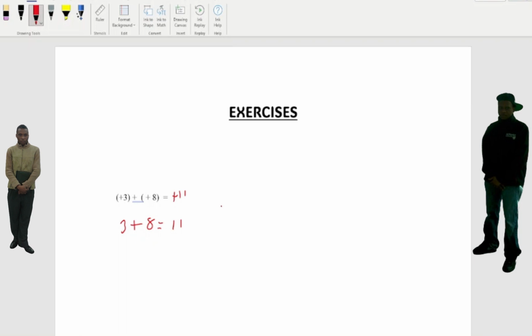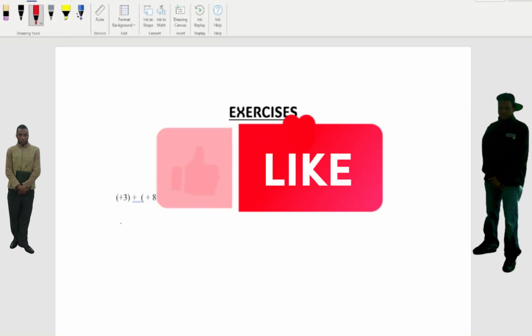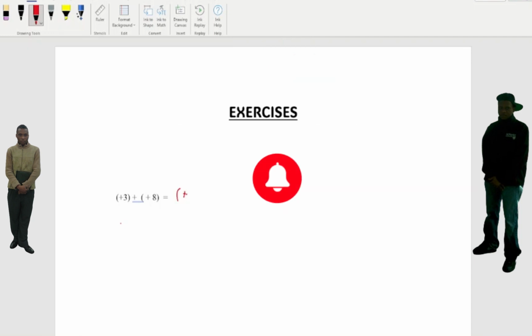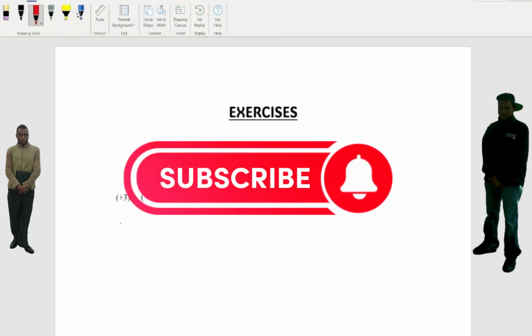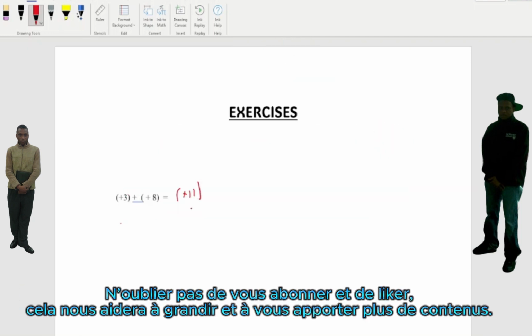At least if your professor says you have to put it, yes, but you don't need it. So it's the same thing. The answer here is gonna be put like this: plus 11. This is the answer.